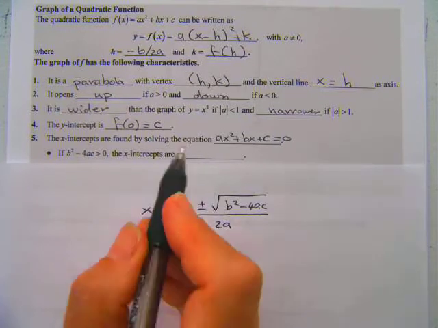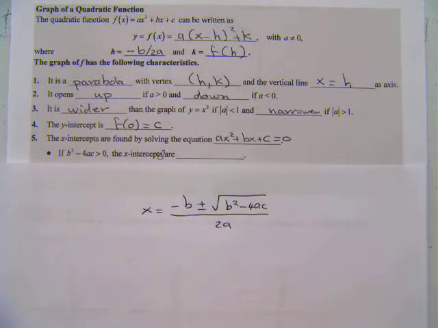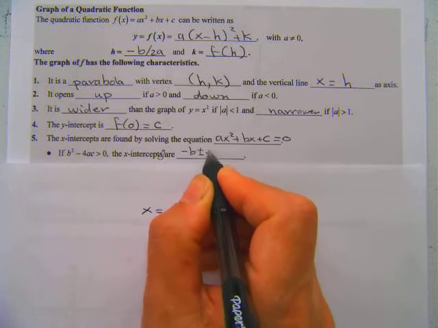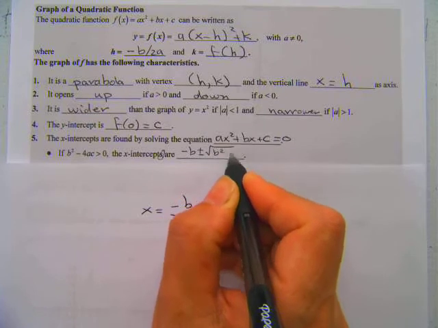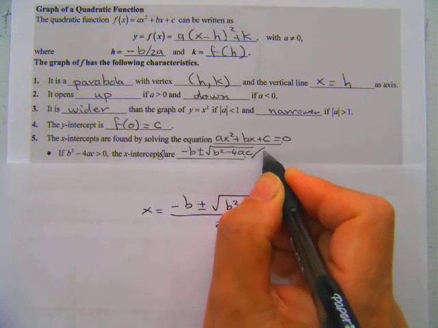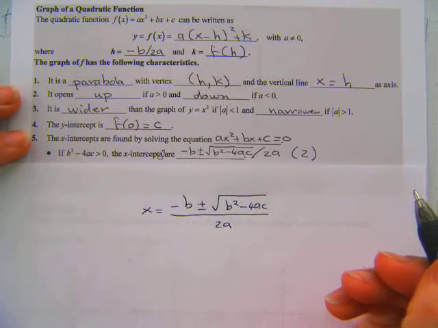So see the x-intercepts, there's an s, there's two of them, negative b plus or minus the square root of b squared minus 4ac all over 2a. So again, there will be two x-intercepts.